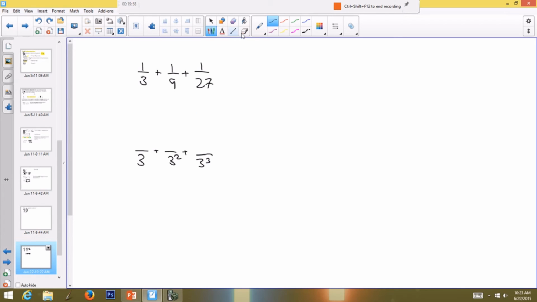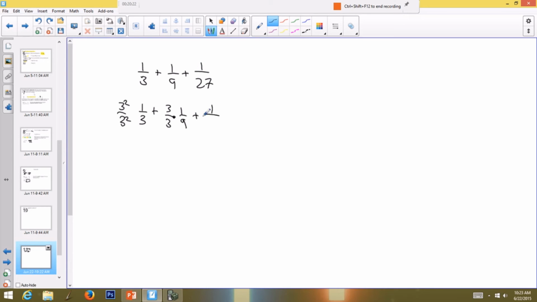So for me to get the same value for each, I'm going to have to take this 1/3, and I'm going to have to multiply it by 3 squared over 3 squared so that I get 27. The 1/9 I have to multiply by 3 over 3 so that I get 27ths.